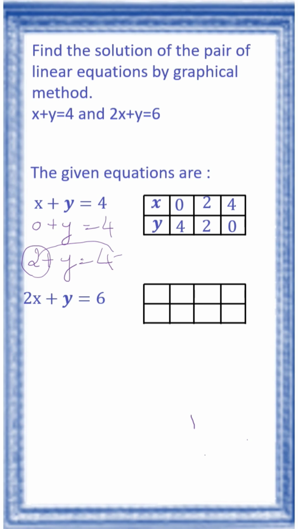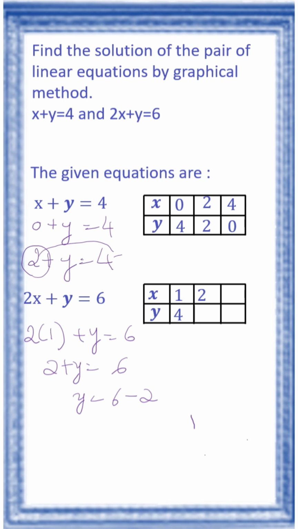Now let us have a table of values for x and y for the second equation. Now let x is equal to 1. Then y is equal to 4. 2 into 1 plus y is equal to 6. 2 plus y is equal to 6. So y is equal to 6 minus 2, that is 4.